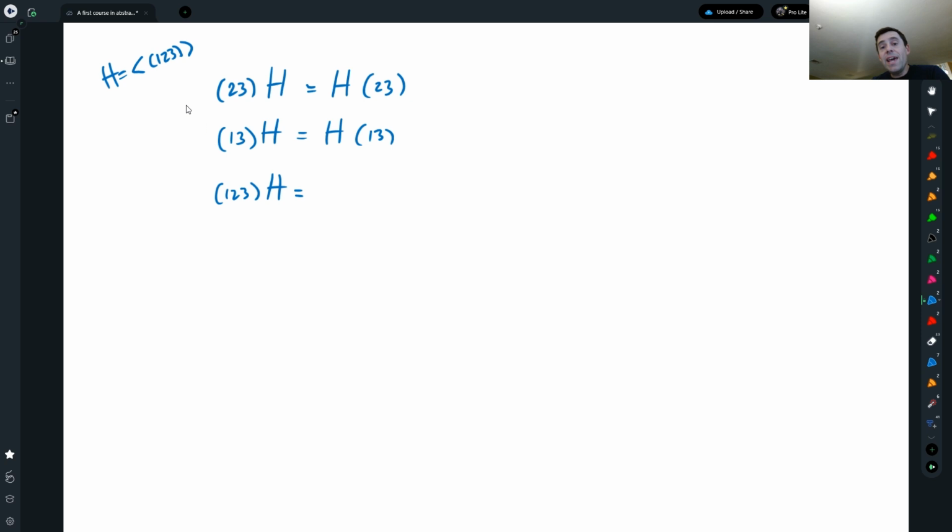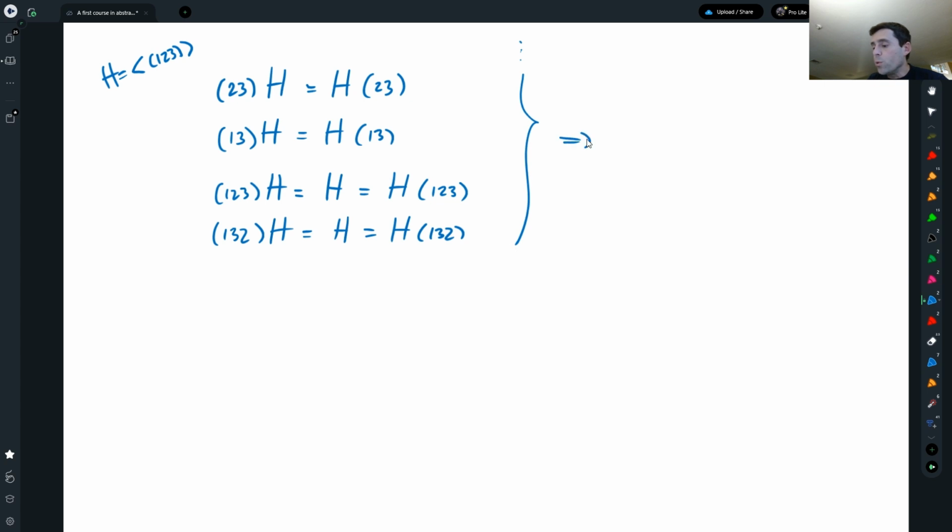Well, (1 2 3) is in the set H, so this is actually just H, the same as H(1 2 3) on the right. And if I multiply by (1 3 2)H, I will get H, the same as if I multiply on the right. So with all the work above and this work, what we've proved is that this H is normal in S3. The subgroup generated by (1 2 3) is normal.